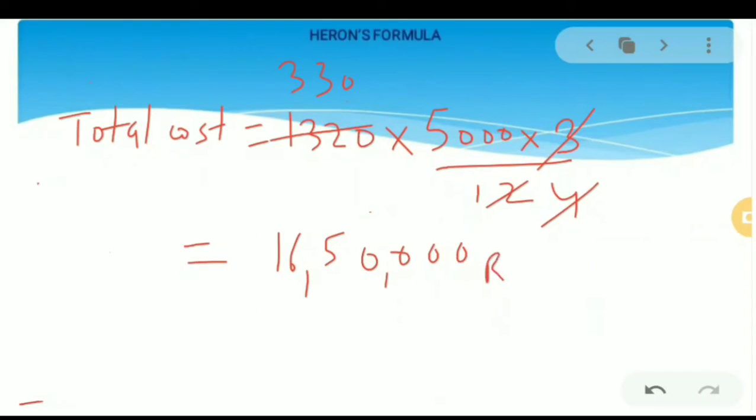So it is coming rupees 16,50,000. So this way we can find the rent of the whole wall for 3 months.